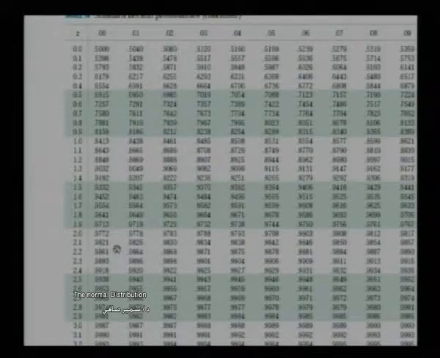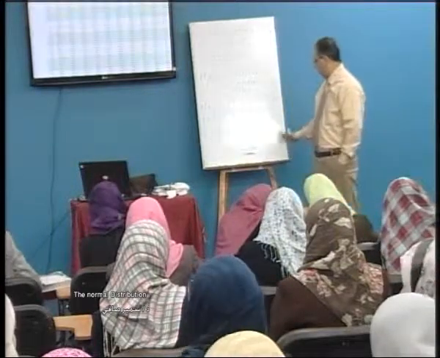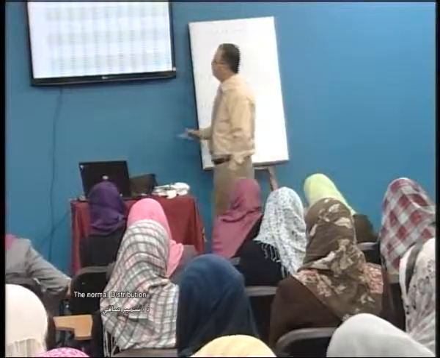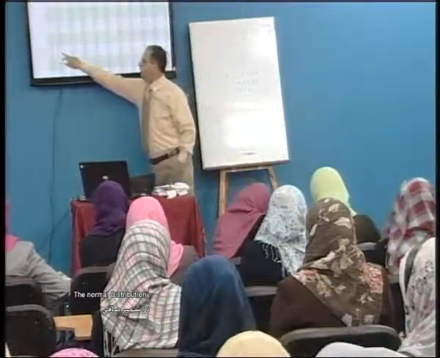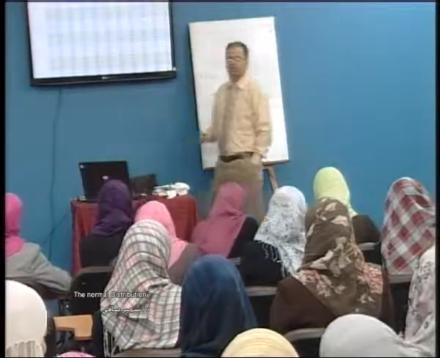So here, 2.2 up to 5. So 0.9878. So the area below 2.25, 2.2 this value, all the way up to 5 gives 0.9878.